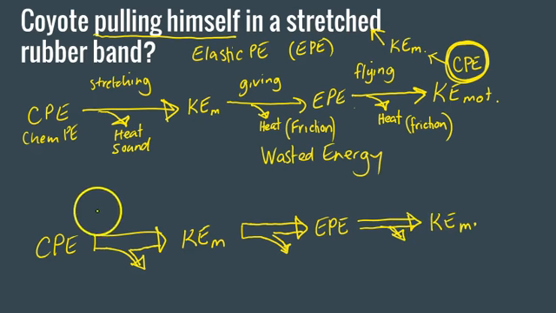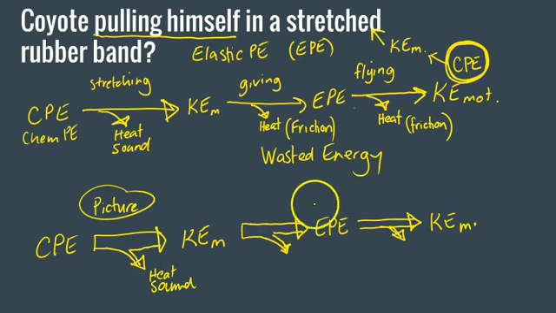So this is just a picture version that shows the wasted energy and the amount of wasted energy in that system. But all of the rest of this stays the same. It still loses energy in the form of heat and sound. It's just a picture version of how much energy is left after each of those transfers or transformations.